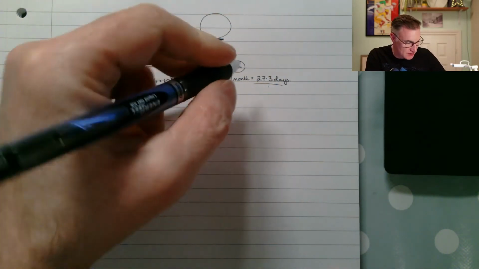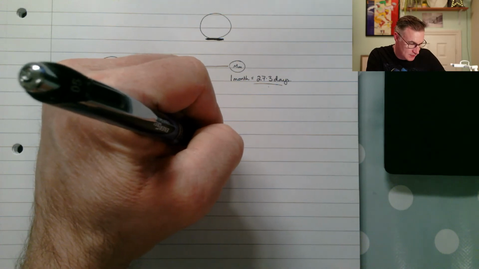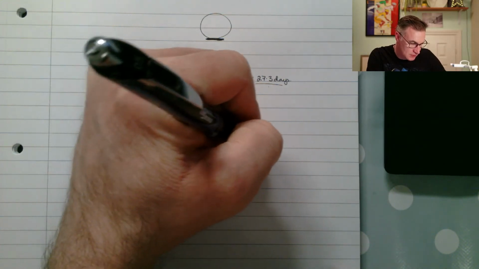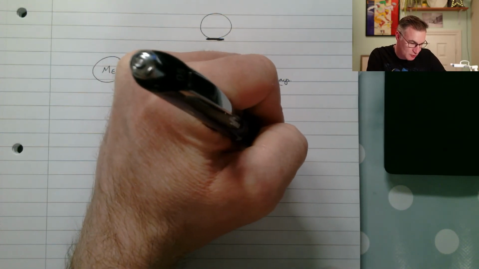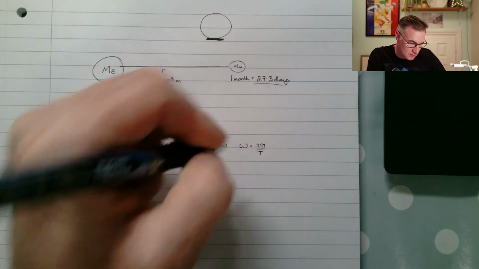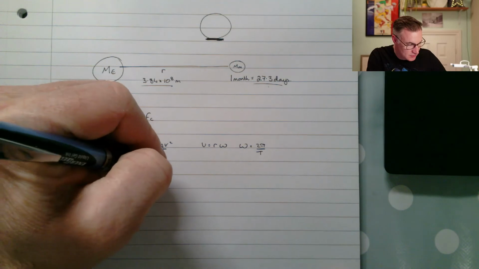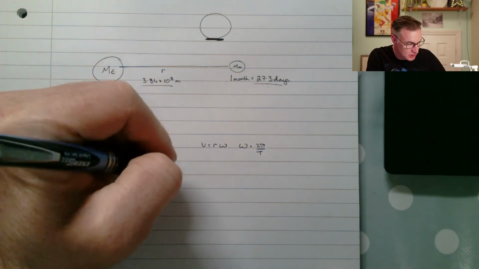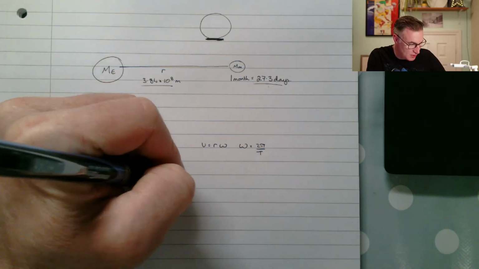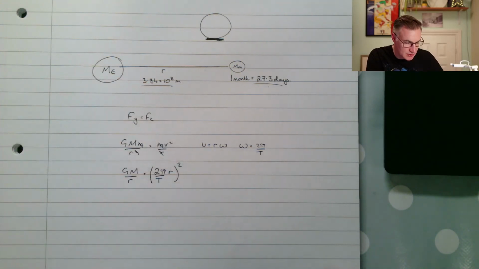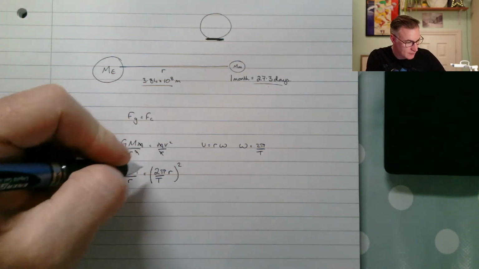Now remember v squared equals r omega, and omega is 2 pi over T, so we're going to have 2 pi over T multiplied by r, and all of that squared.